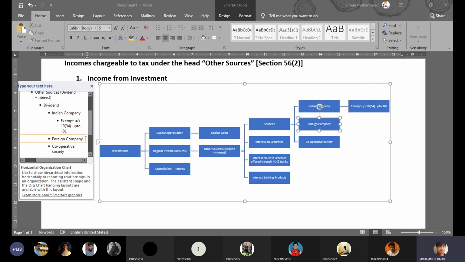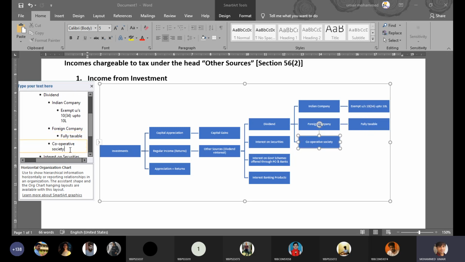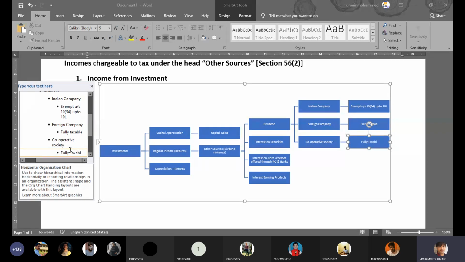What about dividend received from a foreign company? Dividend received from a foreign company is fully taxable. And dividend received from a cooperative society is also fully taxed. So this is the tax treatment of dividend received.